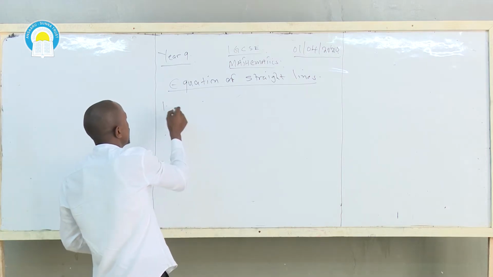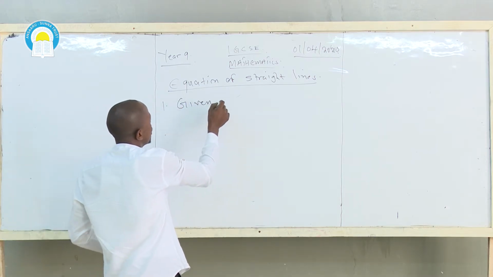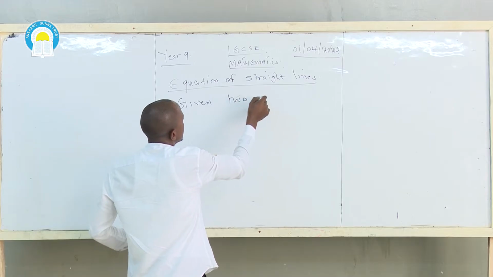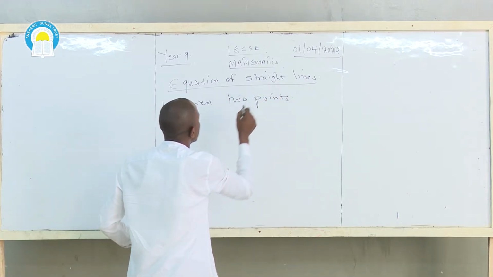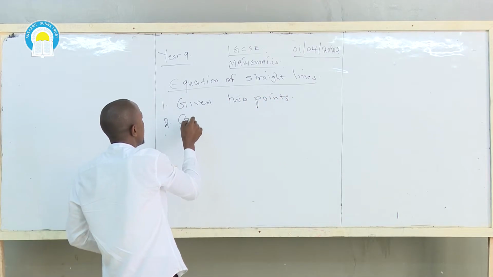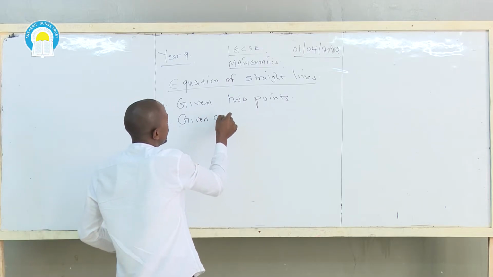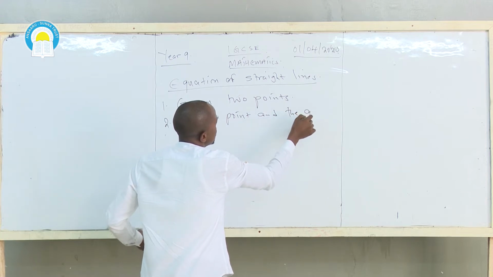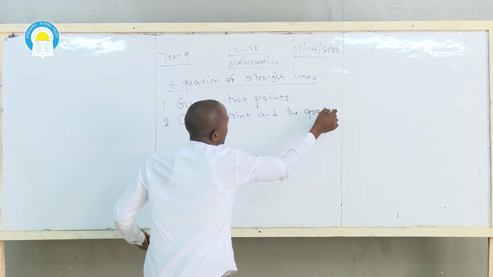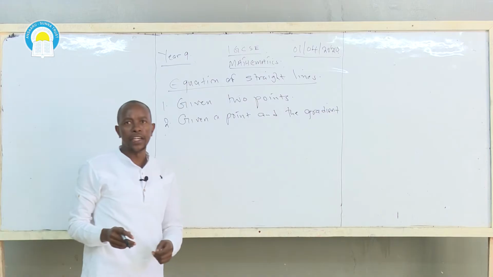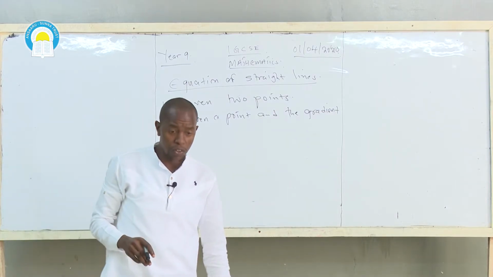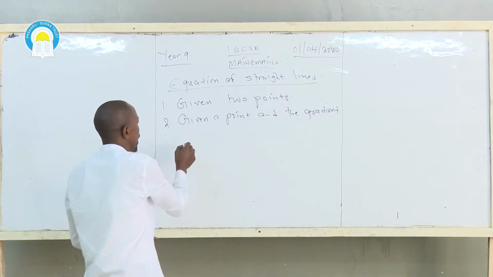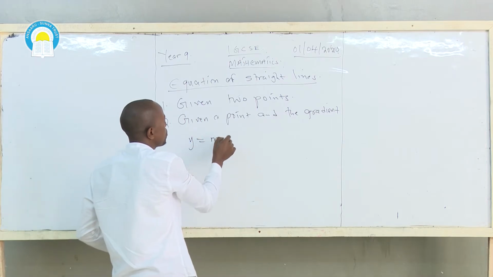Number one, given 2 points, and number two, given a point and the gradient. There are two ways of finding the equations of straight lines in the form of y is equals to mx plus c.